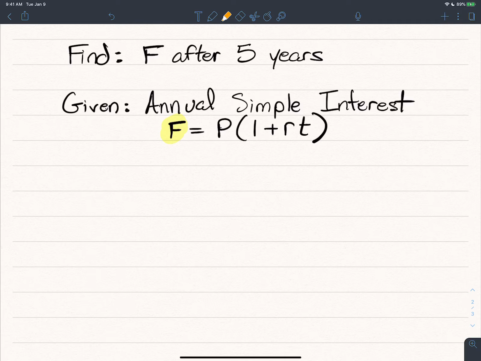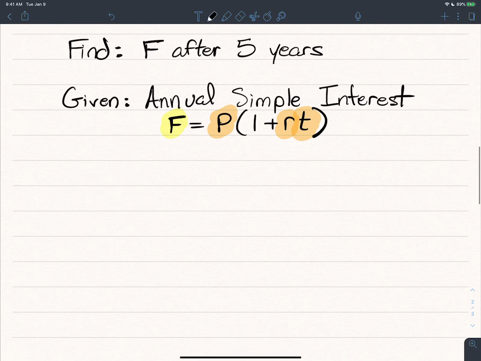We need P, R, and T. So we're going to list those out. We need to know what P equals, what R equals, and what T equals.